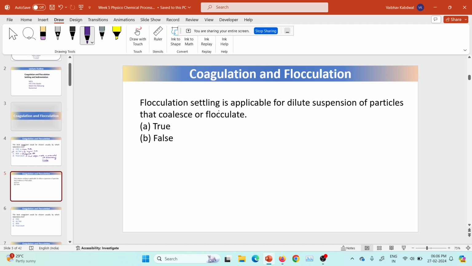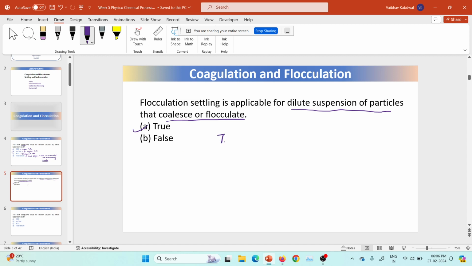Flocculation settling is applicable for dilute suspensions of particles that coalesce or flocculate. Correct.